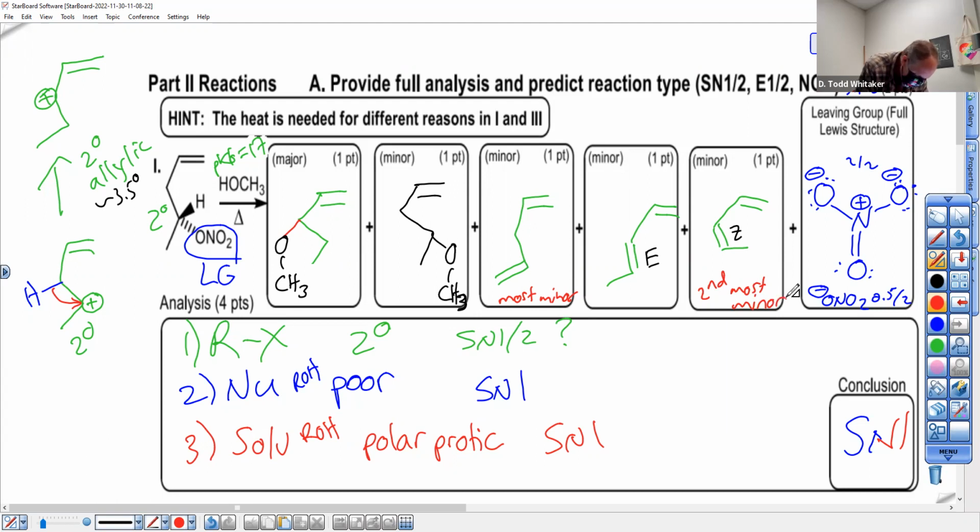Most minor? No, I can't say that either because this one's a higher amount because it's an SN versus an E, right? These two both in higher amounts than any of those. Yes.